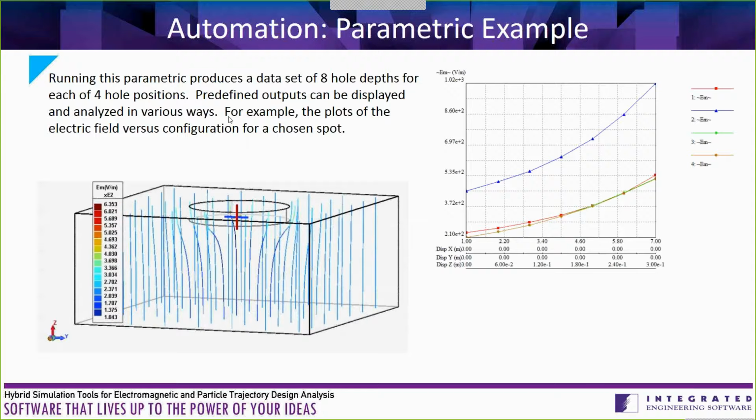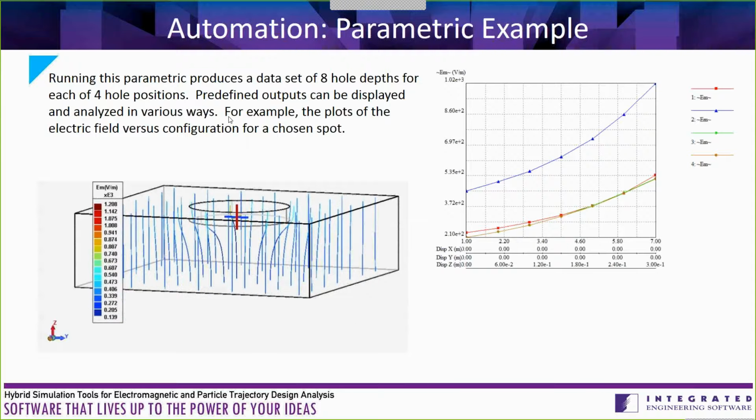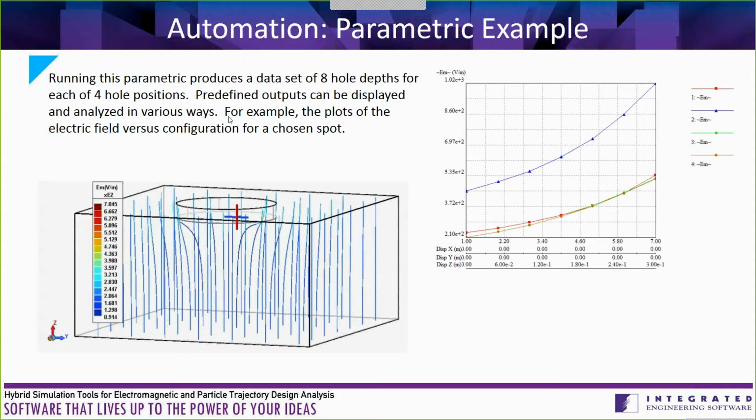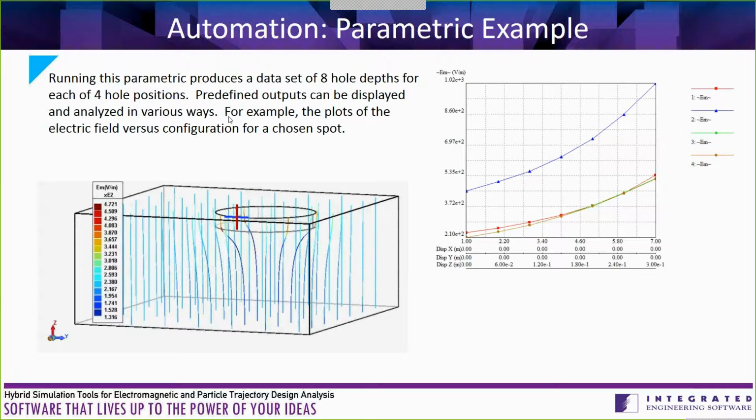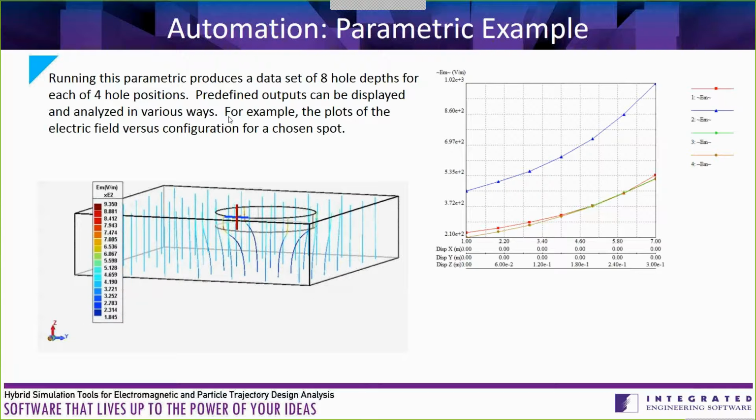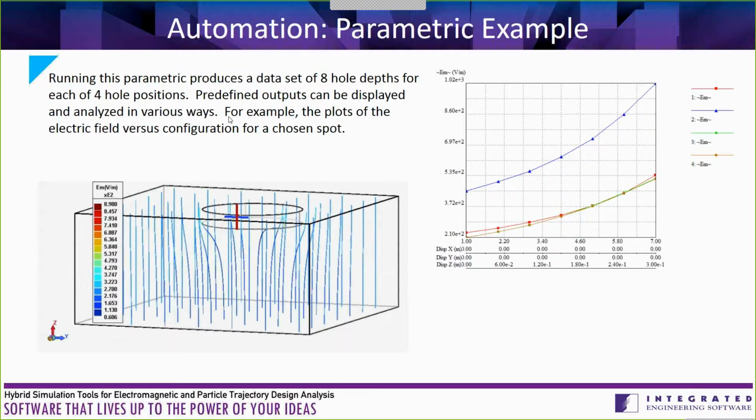But the strength of the parametrics is that it's very easy to configure. You saw the dialogue on the previous slide. It's very easy to configure just loops of take this, move it from here to here, change materials, and so on.